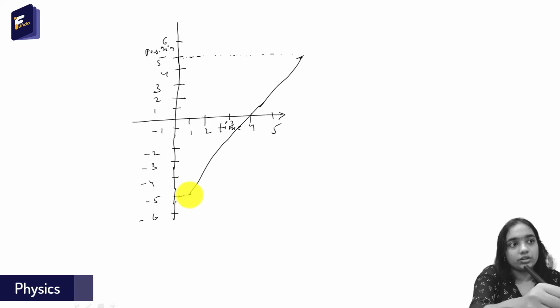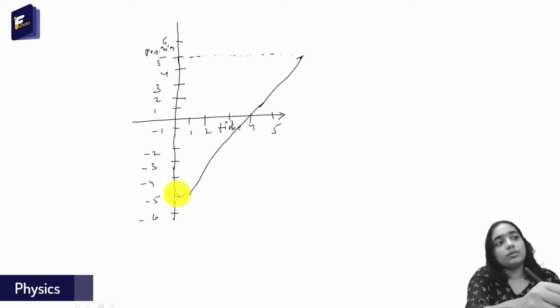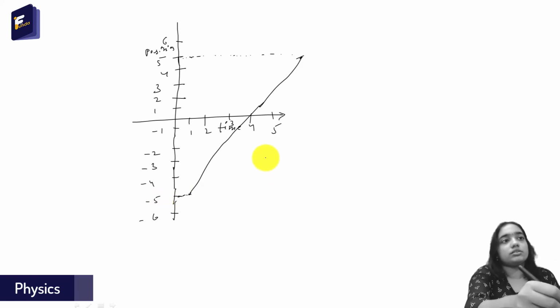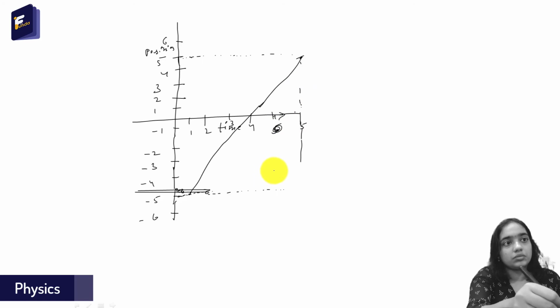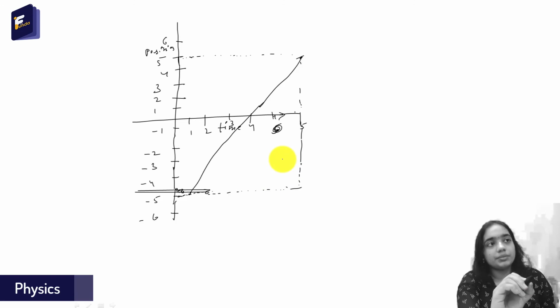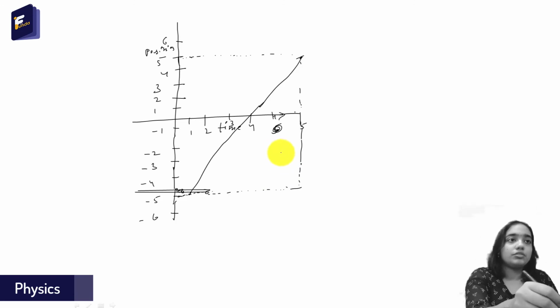This part and the horizontal line are dotted lines. Let's say 5 is here. Okay, so this is the position time graph of a particle.